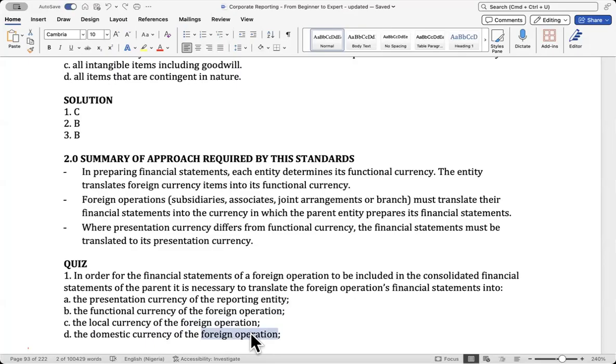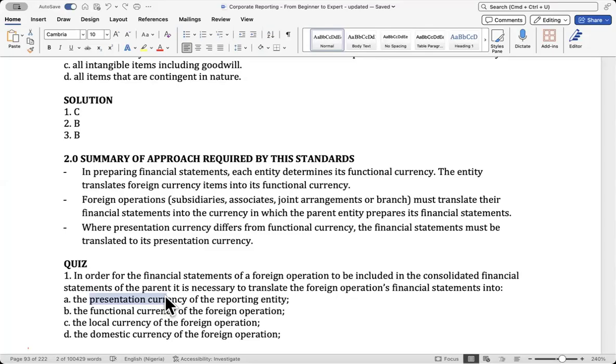So you get the idea now. So presentation currency is ultimate. That's the currency in which you present your financial statement. Okay, but the only thing I've mentioned is this. When you consummate a transaction, maybe you buy goods, you sell goods, you borrow money, you lend somebody money in foreign currency, right?